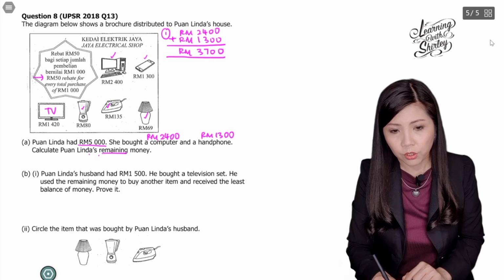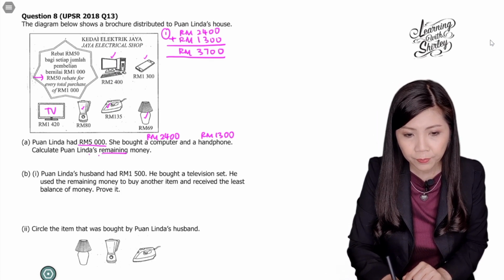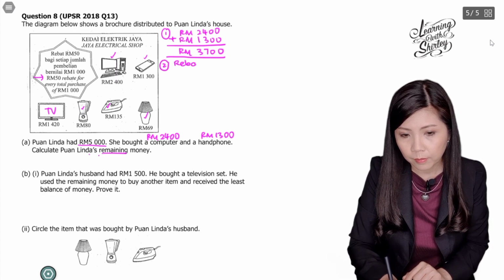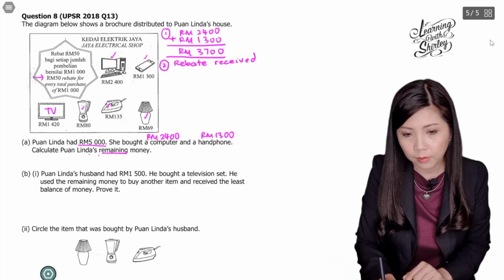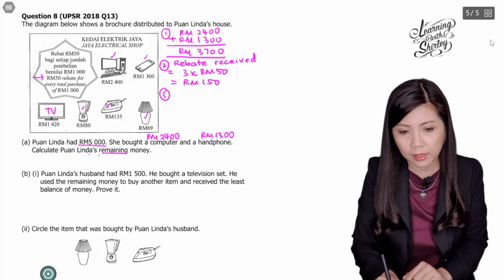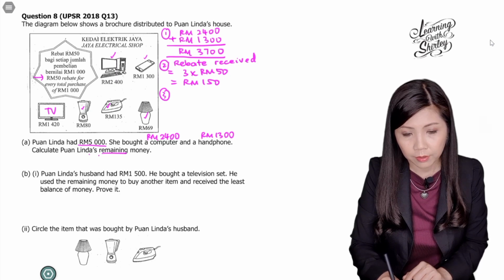So she bought more than 3,000, which means that she gets 3 times rebate. So step 2 is the rebate received. It is 3 times 50 ringgit, which is 150 ringgit.